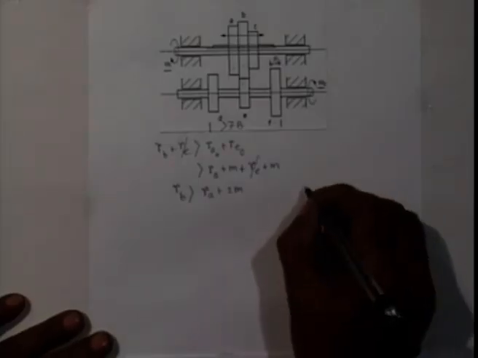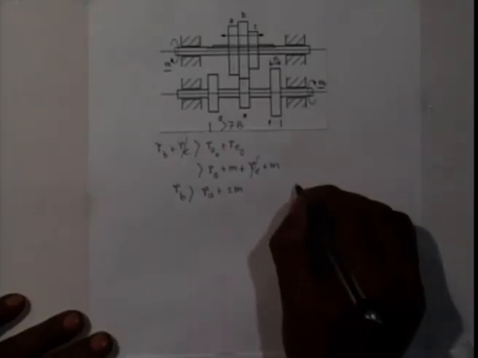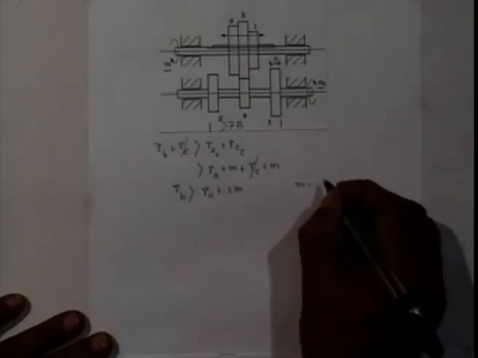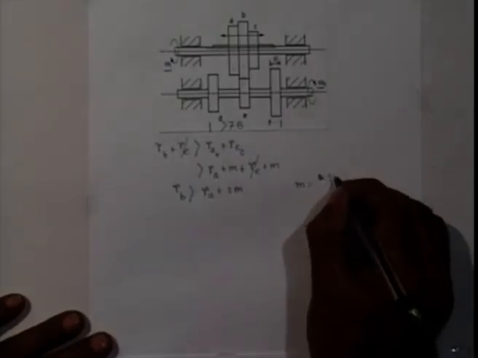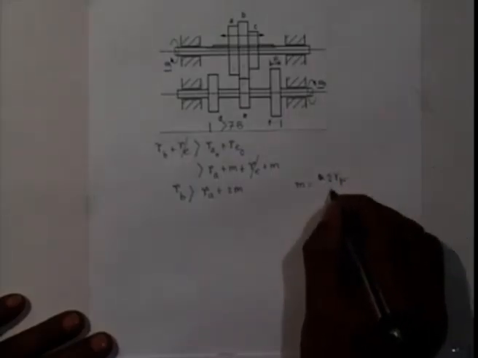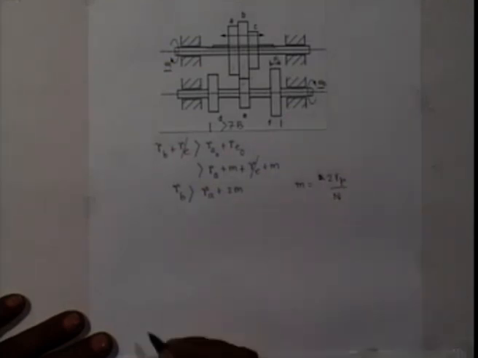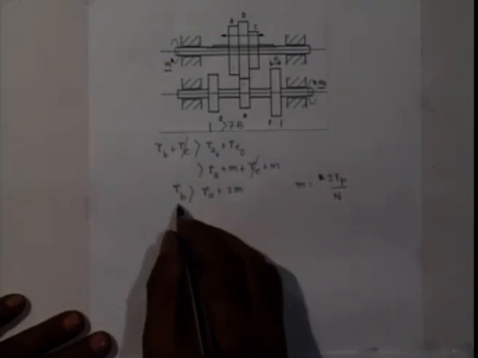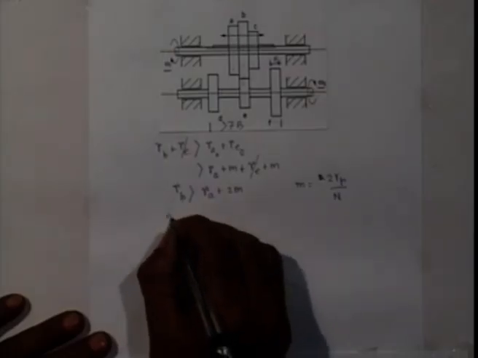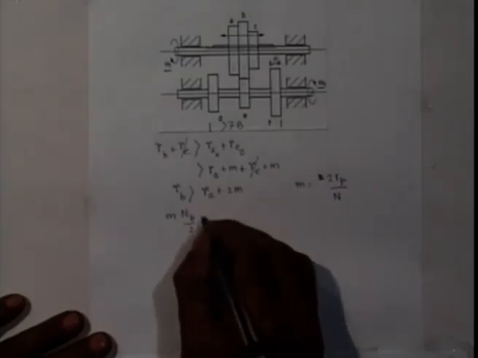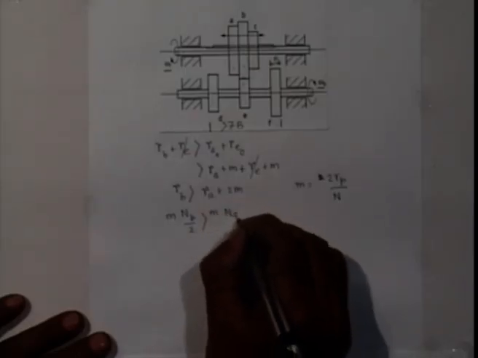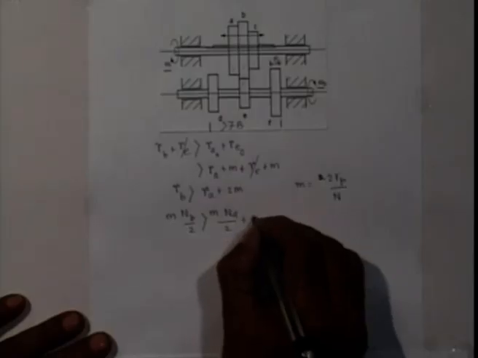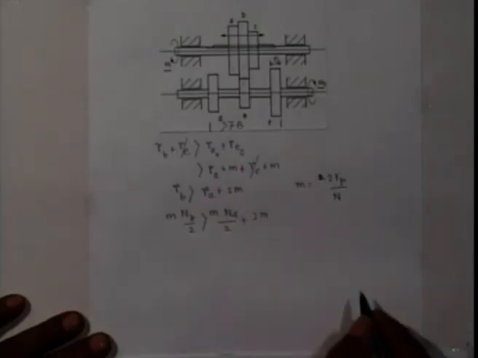And if you remember, the module is nothing but pitch circle diameter by number of teeth. This is the module. So RB, I can write module into number of teeth on gear B divided by 2 should be greater than module into number of teeth on gear A divided by 2 plus 2m, where m is the module.